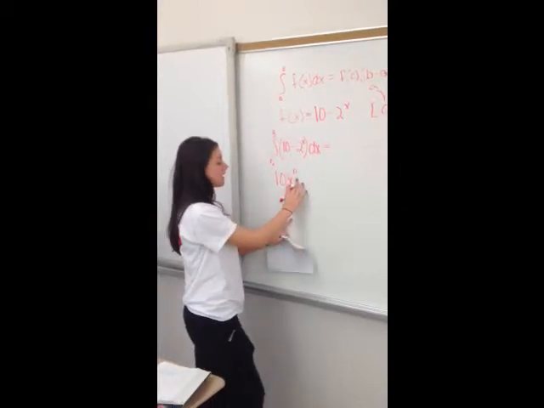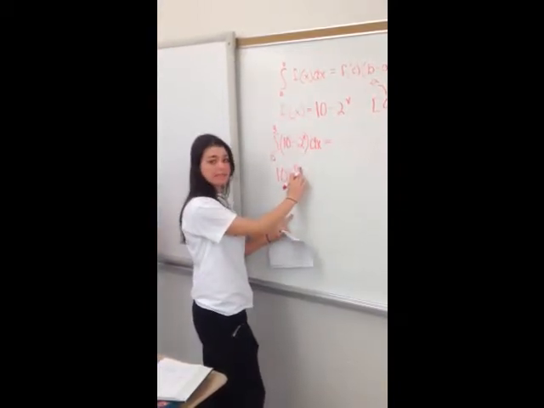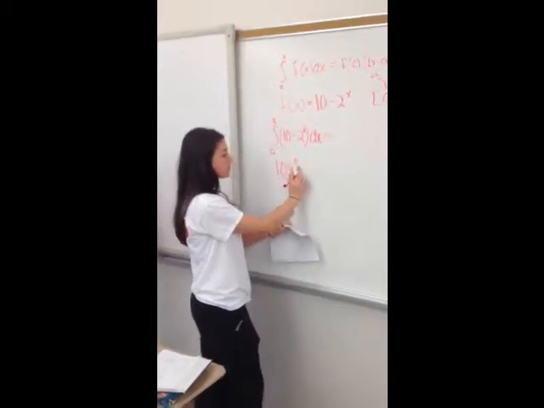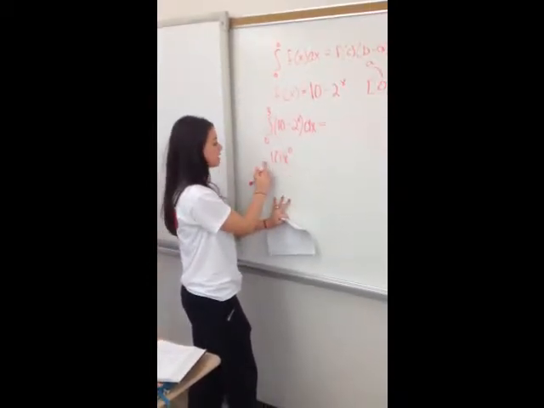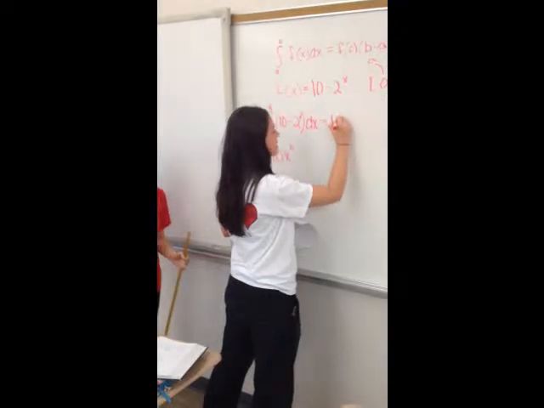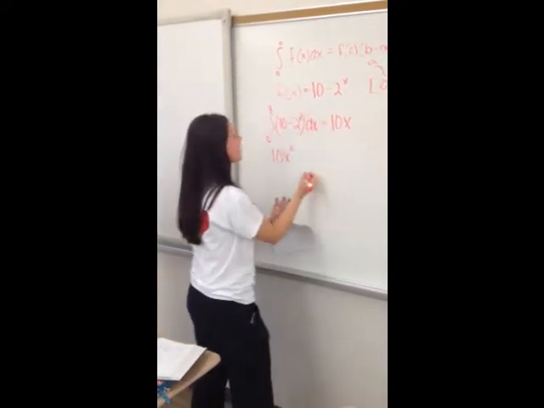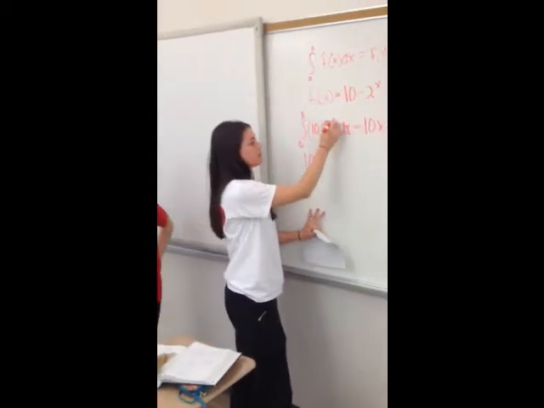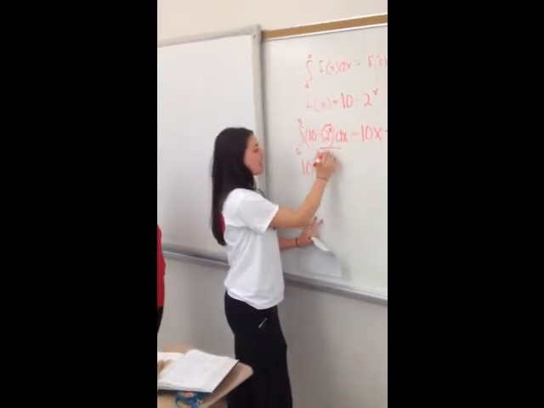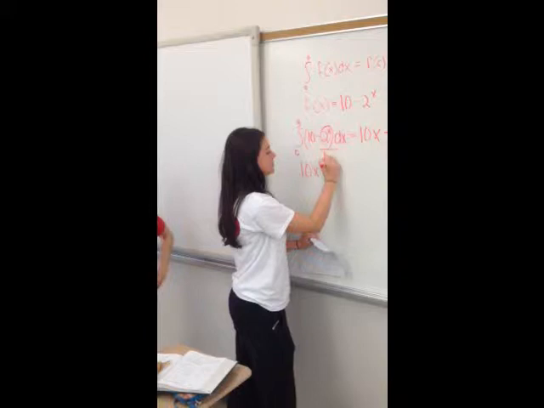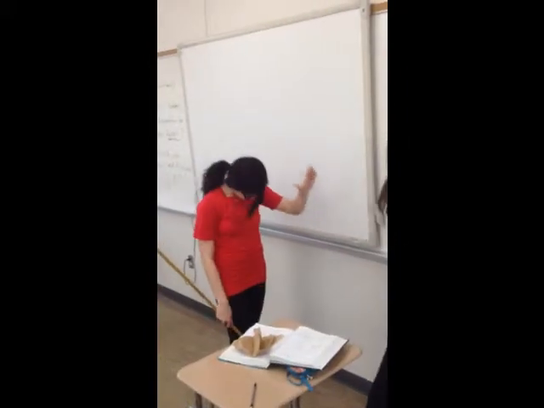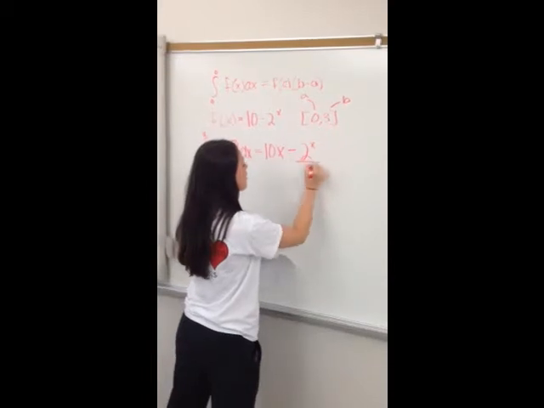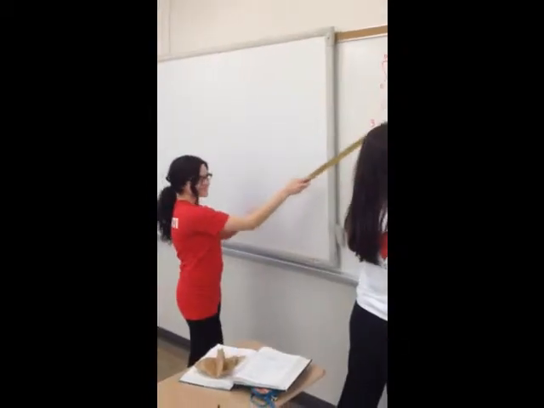So to take the antiderivative, you have to add 1 to the exponent and divide by that number. So 0 plus 1 is 1, divided by 1 is just 10. So you have 10x. Now, when you have x as an exponent, all you have to do is rewrite this and divide it by the natural log of your base. So you have 10x minus 2 to the x power over natural log of 2.